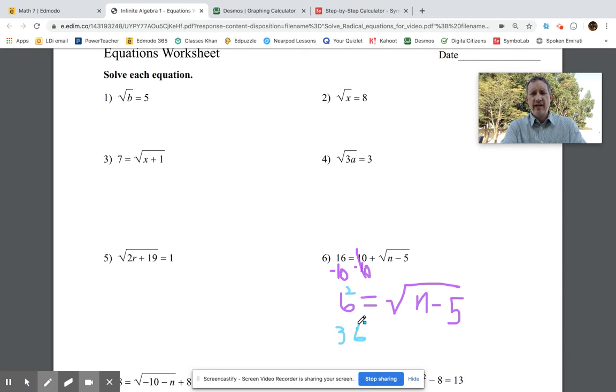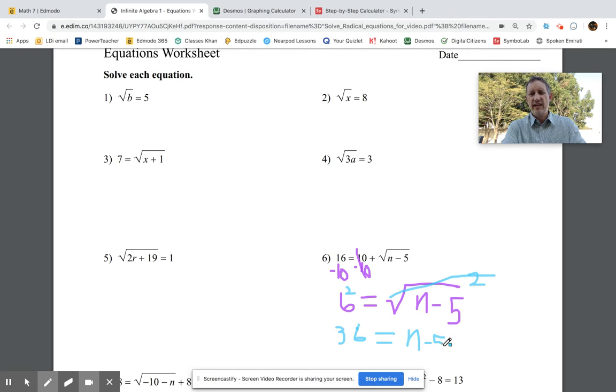And if we square a square root, they cancel each other out. Notice the square root has to be positive. When I square it, it's going to still be positive. But if there had been a negative on the outside, we would have wanted to move that. All right. So we have n minus 5.